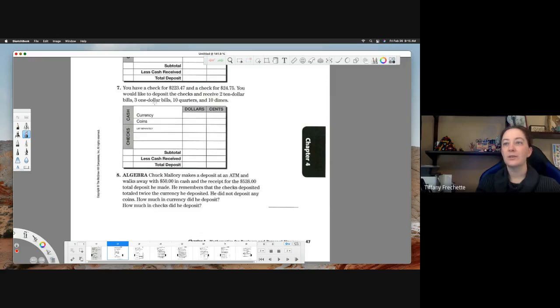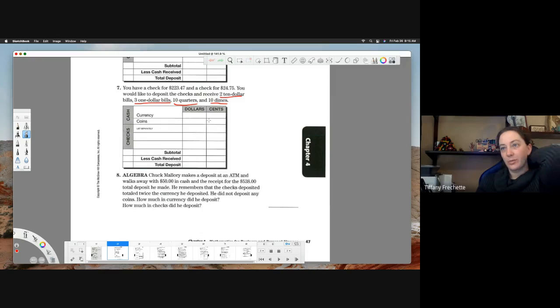So when it gives you all of these coins, so 2 $10 bills, 3 $1 bills, 10 quarters, 10 dimes, you need to figure out how much you have there. And as far as currency, that's dollars, right? Or bills. And then coins, that's just the coins here. So 10 quarters, 10 dimes, you need to figure out how much money that actually is.